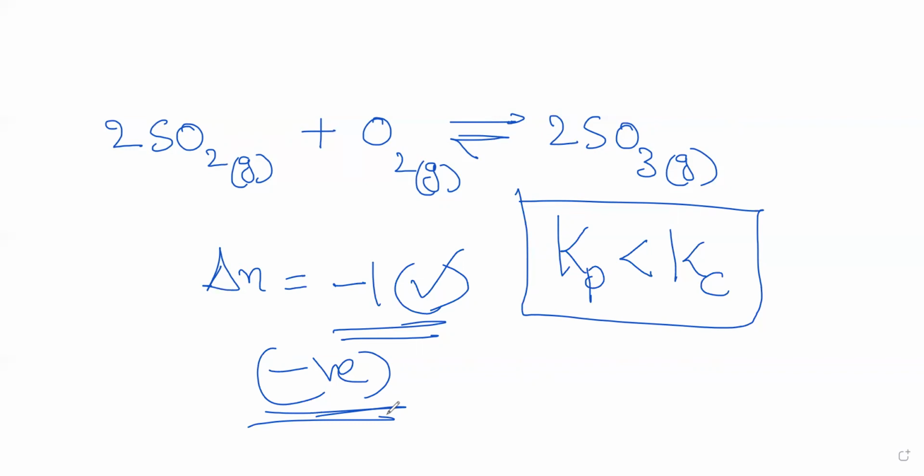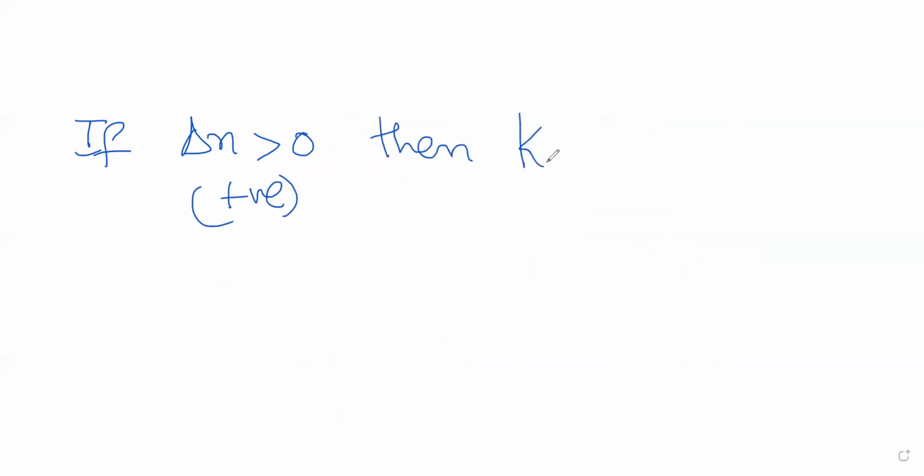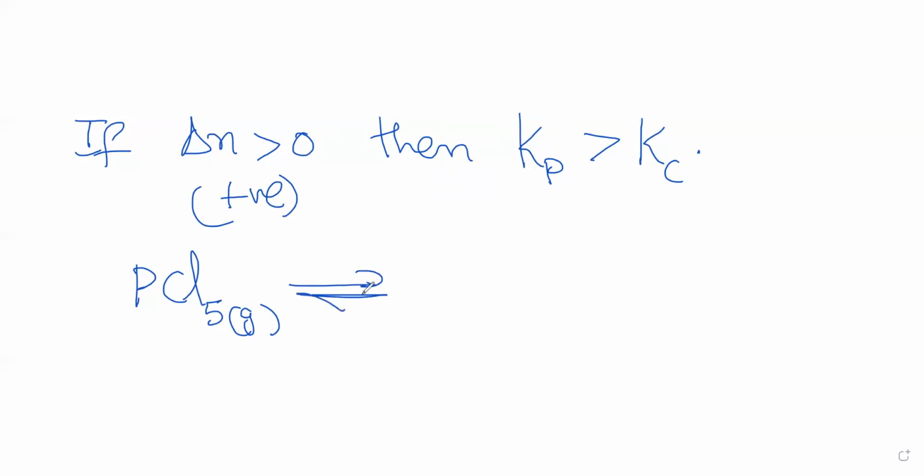Yes, sir. Very good. Next, if delta n is greater than 0, that is positive, then Kp is greater than Kc. So let us check the reaction: PCl5 gas gives PCl3 plus Cl2.